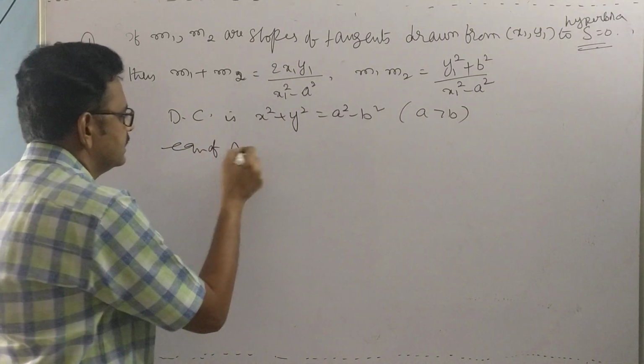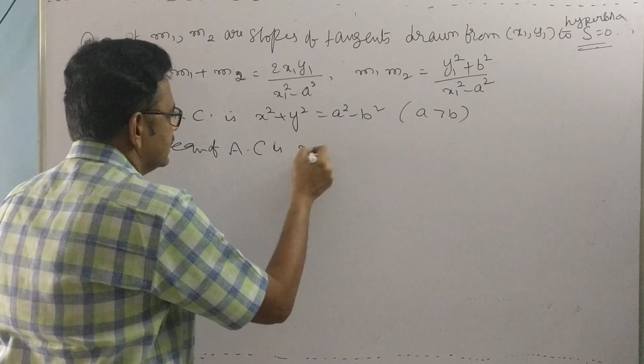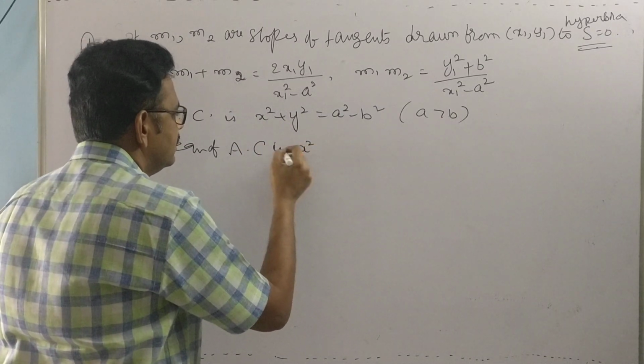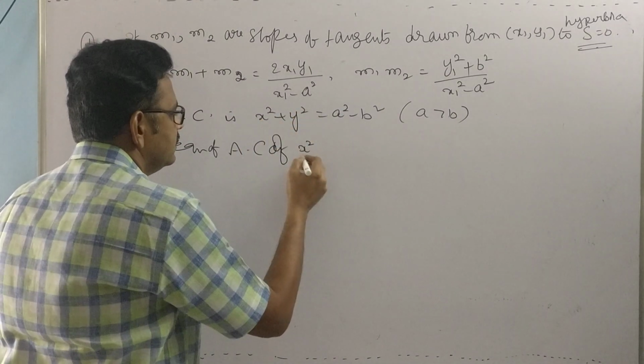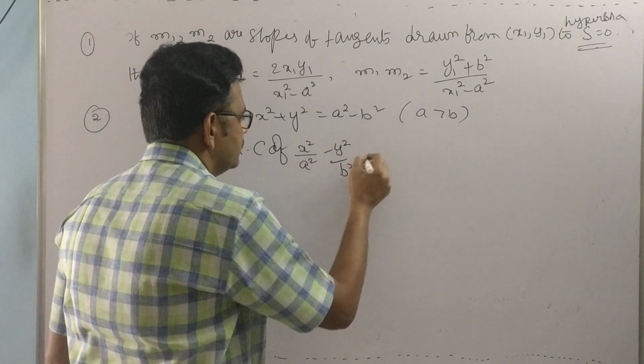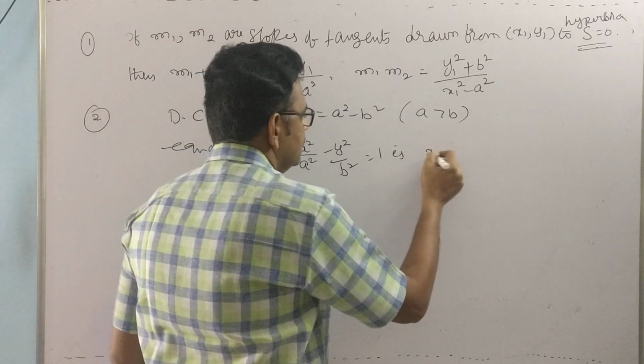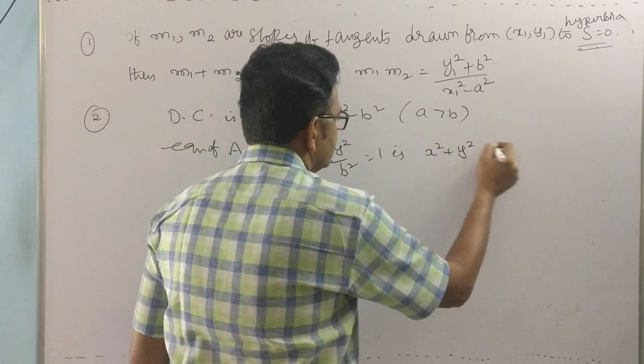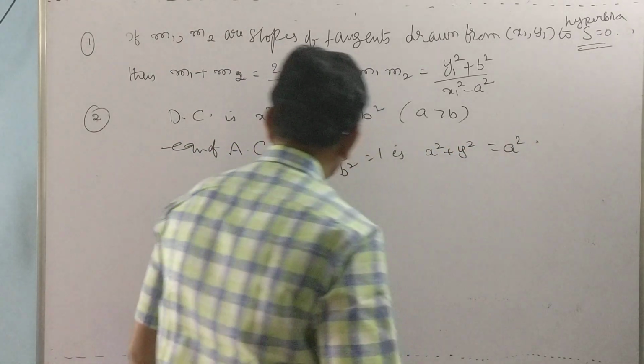Equation of auxiliary circle of x square by a square minus y square by b square equal to 1 is x square plus y square equal to a square.